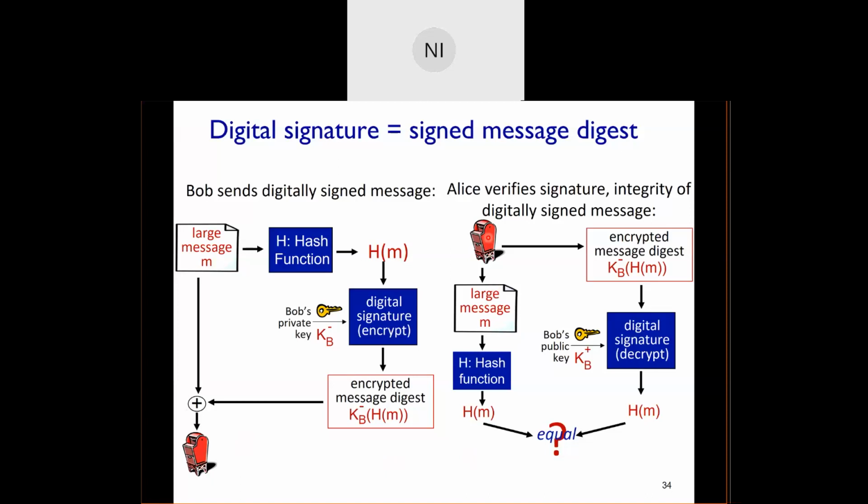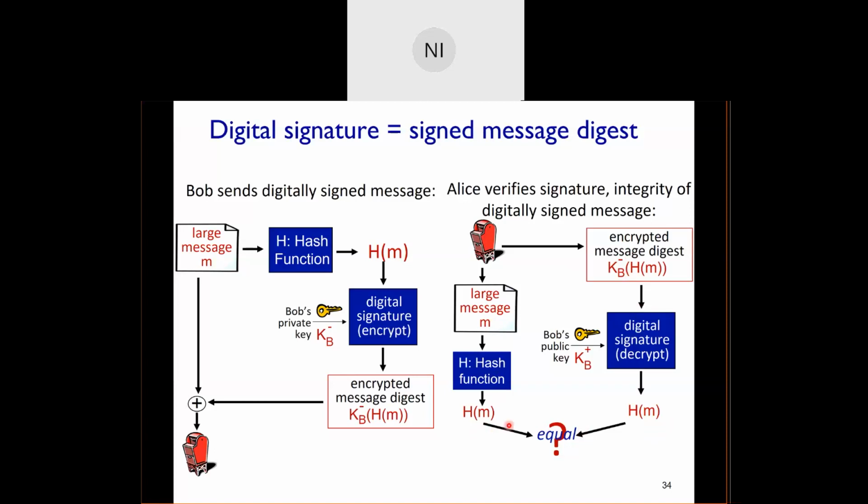And look at what Alice is doing here. She receives both of them, the message and the encrypted digest. On the plain text message that she received, by knowing the hash algorithm, she generates the H of m. Since Alice knows the public key of Bob, she can decrypt the encrypted message digest to get back the H of m.